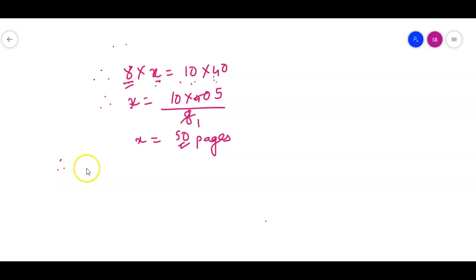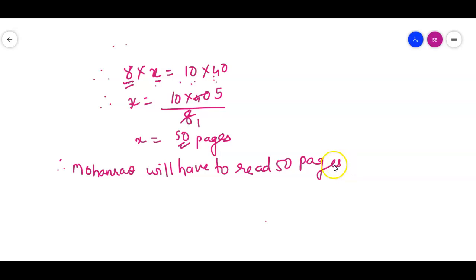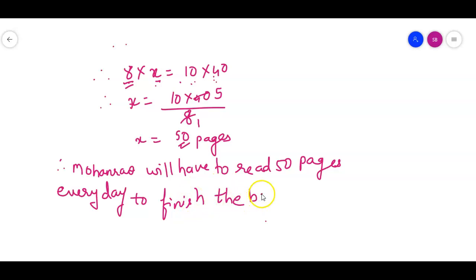So, the answer is: Mohan Rao will have to read 50 pages every day to finish the book in 8 days.